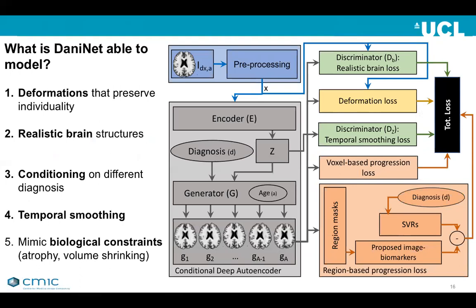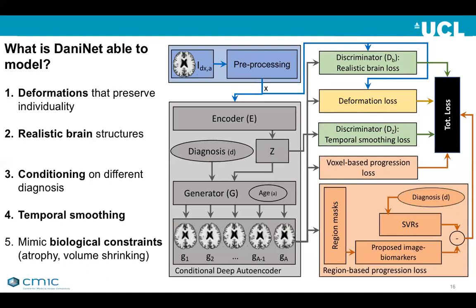The third component is a condition component, and basically it allows us to condition the framework with different variables such as diagnosis or other external information, and this basically allows the system to characterize the progression differently according to these variables. The fourth component is the temporal smoothing.